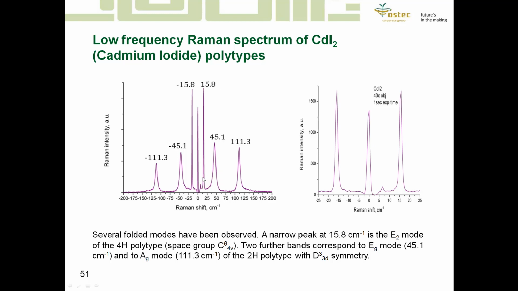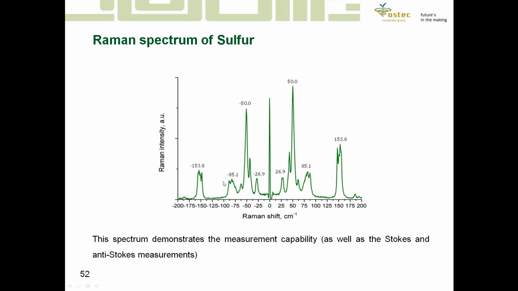So this is the cadmium iodide spectrum, and you can see there are two clearly resolved lines close to the laser line. Their position is about 15.8 wave numbers, and the other line at 45 is also normally hidden when we use standard edge filters. And this is a typical spectrum of sulfur.